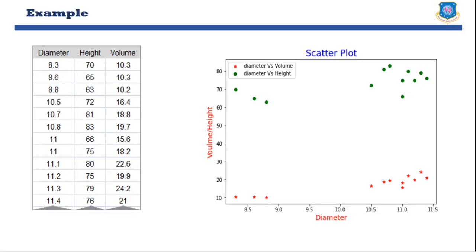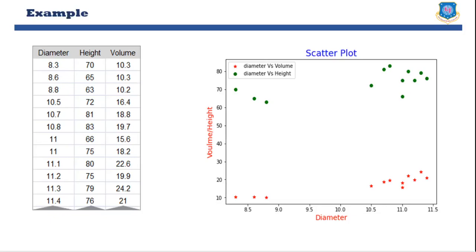So the first type of points you can see is in the red color, that shows the relationship between the diameter versus volume, and the second points you can see with color green, that shows the relationship between diameter versus height. You can see that points are scattered, so I can say that there is no correlation between two variables in the data set.